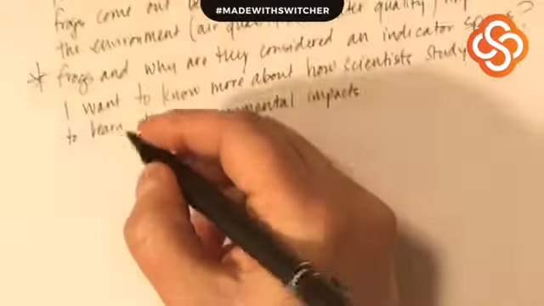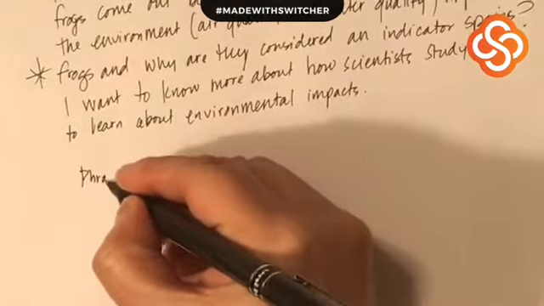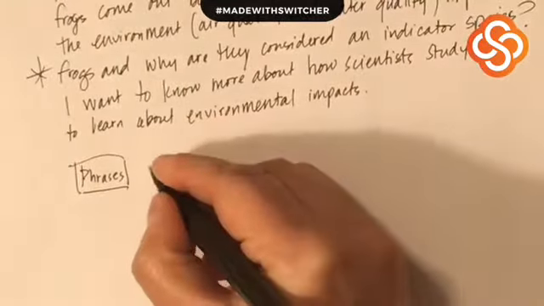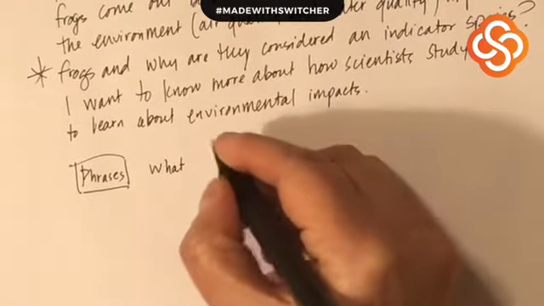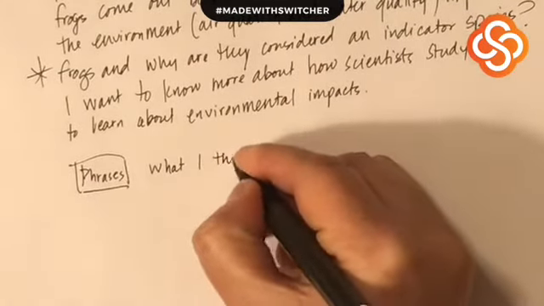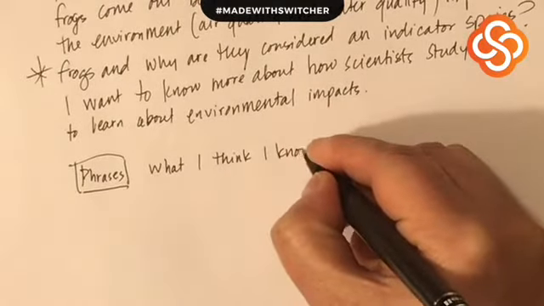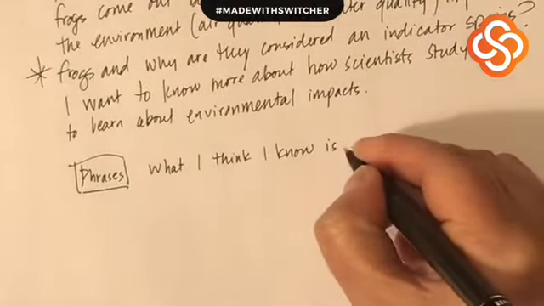Here are some phrases that I should see in your writing, or that might be helpful for you to have in your writing. So one phrase is, what I think I know is. You saw that I'm not even sure about what I know, and that would be something I'd want to check in my research.